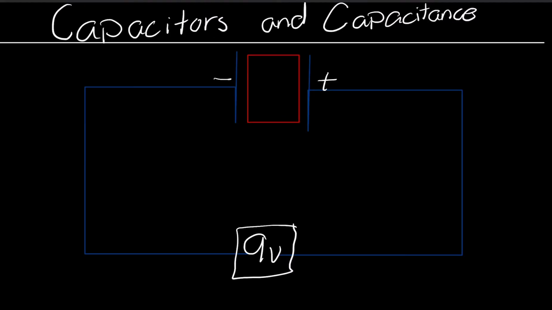So this is just one charge, but in actuality, there would be quite a lot of negatives right over here, and quite a lot of positives over on this side. Okay? Now, it is important to note that even though there is a change in the overall charge of the two pieces of metal, both will have the same overall net charge.